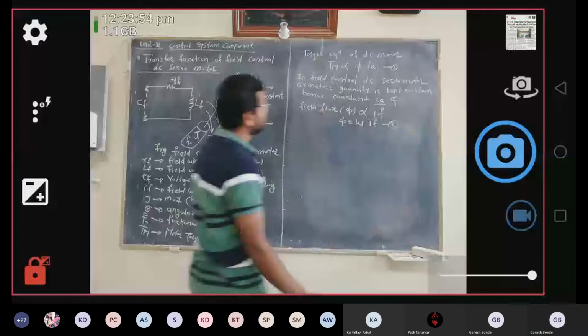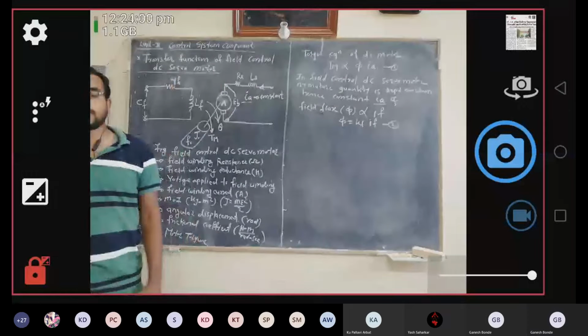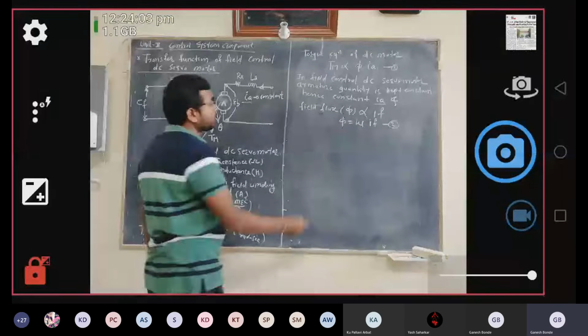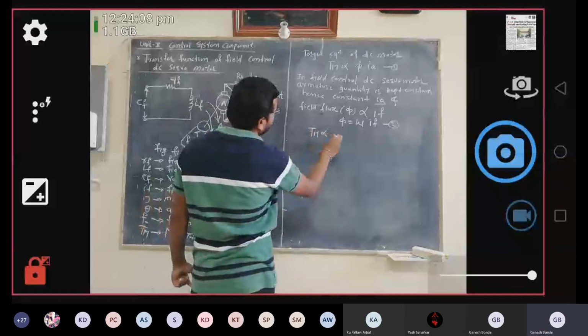Now substitute equation 2 in equation 1. Here we get Tm proportional to KF IF into Ia. Again, for this proportionality constant we may use another constant, so Tm is equal to K1 KF Ia IF.